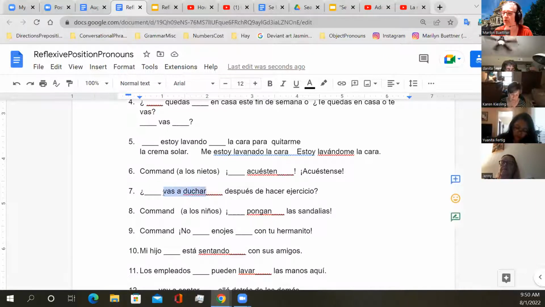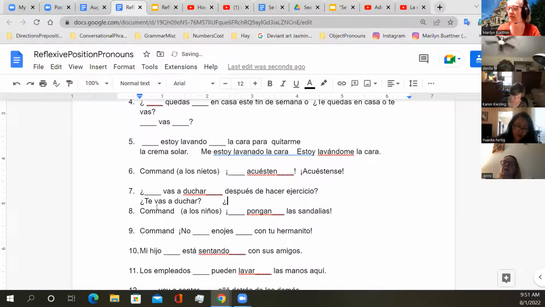Siete. Ooh, I've got a two verbs walking together kind of thing. You're going to take a shower. Te vas a duchar. Yeah, two posibilidades. Bien, bien, bien. Te vas a duchar, te vas a duchar después de hacer ejercicio, or I can express it as vas a ducharte.